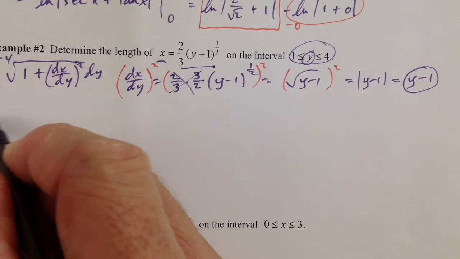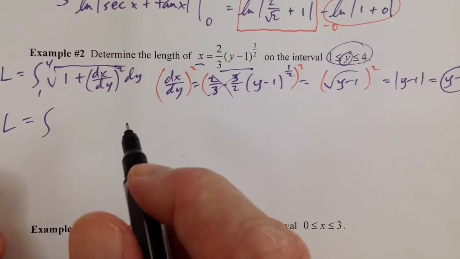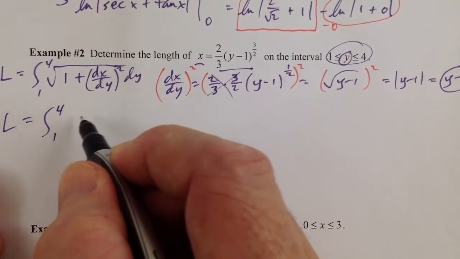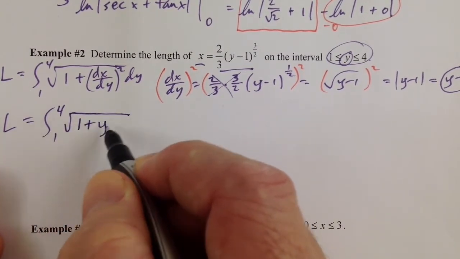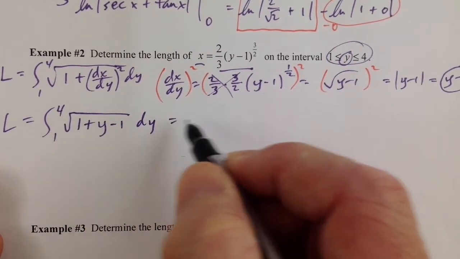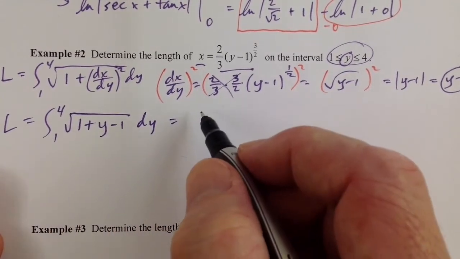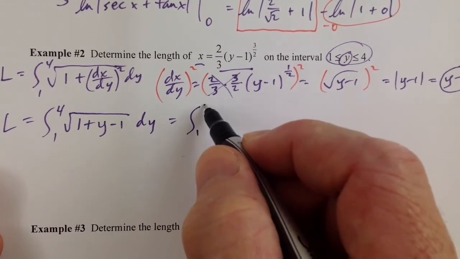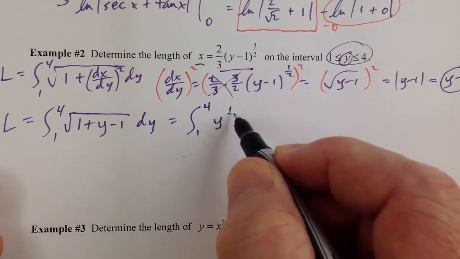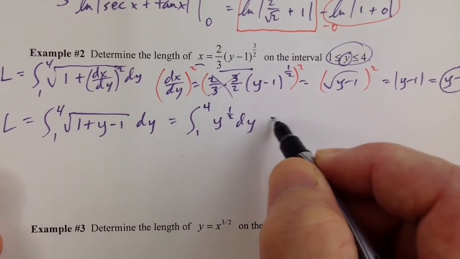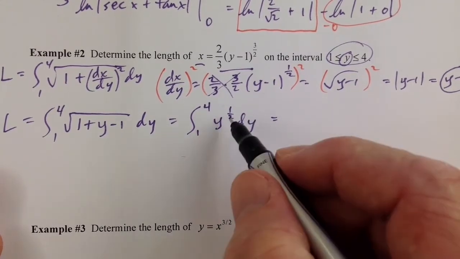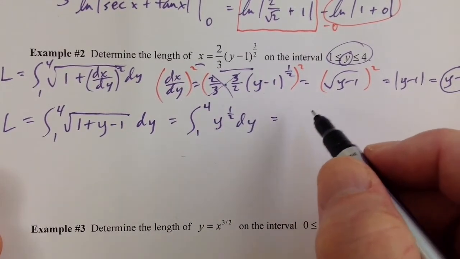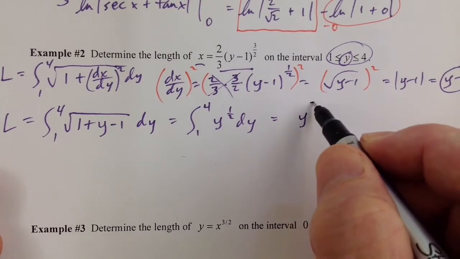And now we go way back here, and we'll just fill in what we need. We have the integral from 1 to 4 of the square root of 1 plus y minus 1, dy. That's nice that those 1's drop out, because then we just get the square root of y, which I'm going to rewrite as y to the 1/2. I know that the antiderivative of y to the 1/2 is y to the 1/2 plus 1, which is y to the 3/2.